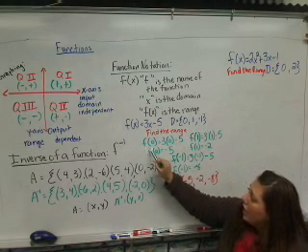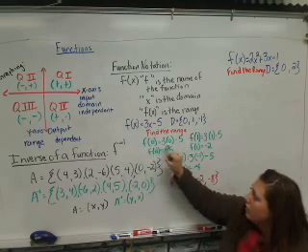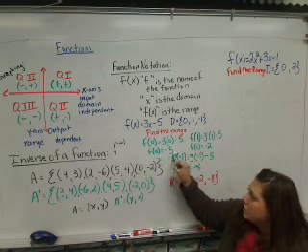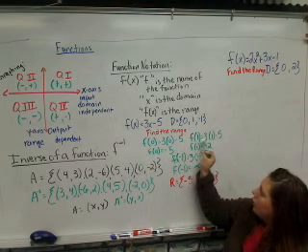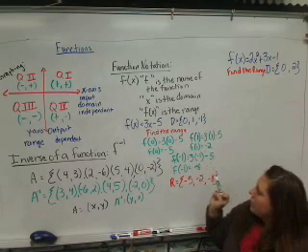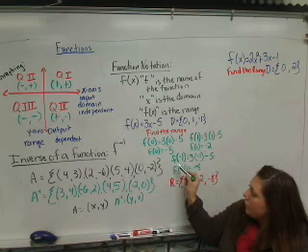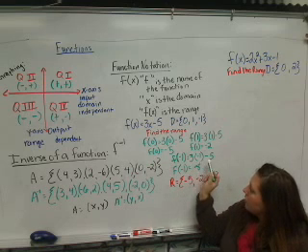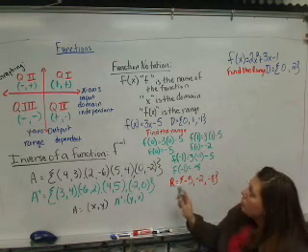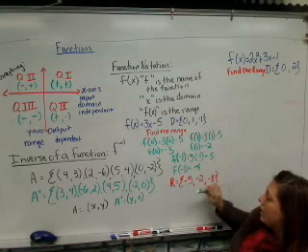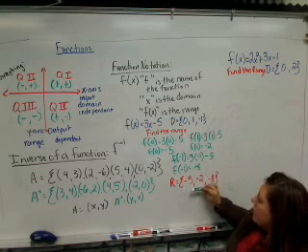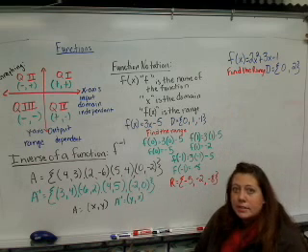So here I have f of 0, and we have that f of 0 equals -5 from the math here. F of 1, 3 times 1 minus 5 is -2. And then f of -1, 3 times -1 minus 5 is -8. So the range values corresponding to these three domain values are -5, -2, -8.